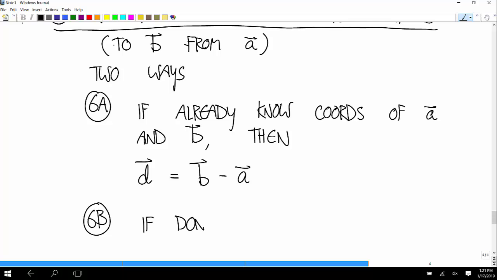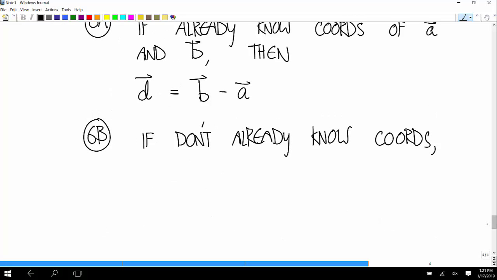If you don't already know the coordinates, then temporarily put the origin at A. Let me just say temporarily, this doesn't have to affect where your origin is for the whole problem or anything.